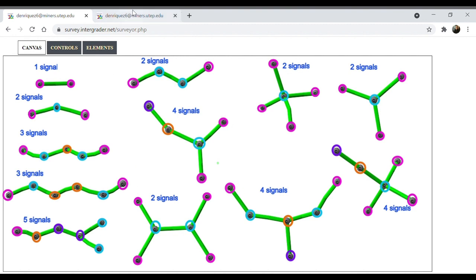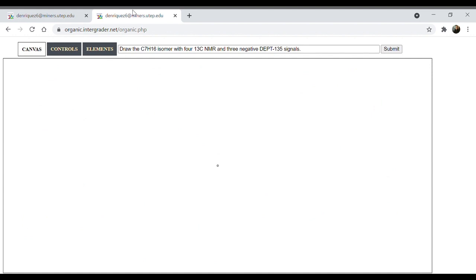So I don't see anything on here that lets me know that I have 7 carbons and 3 signals. Nope. Okay, so I'm actually going to draw this. I think this is the chain.